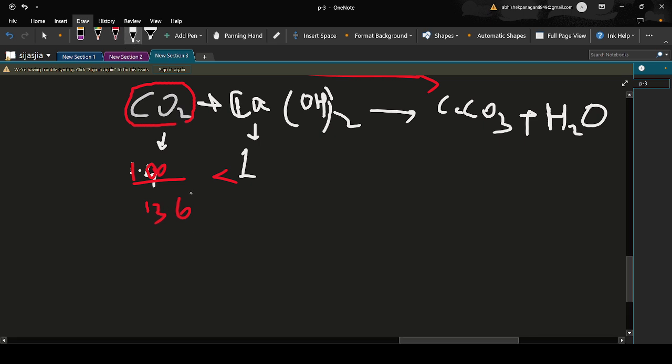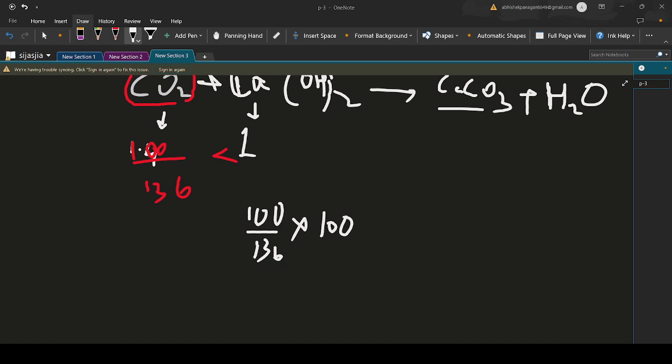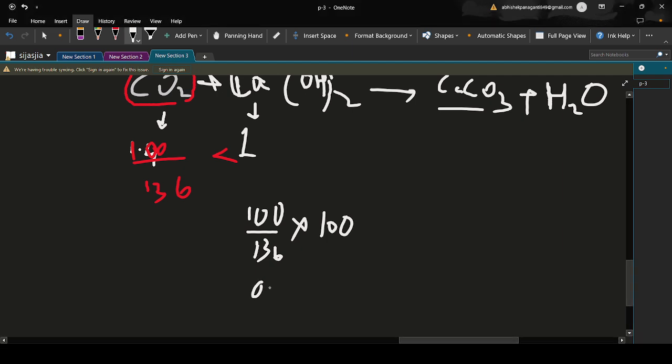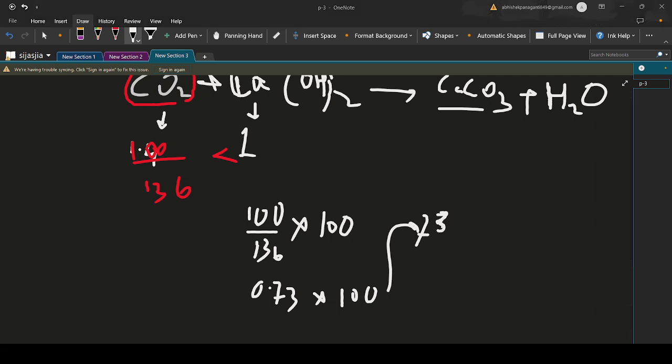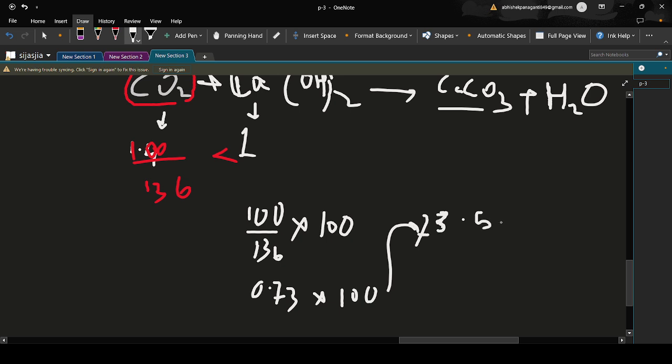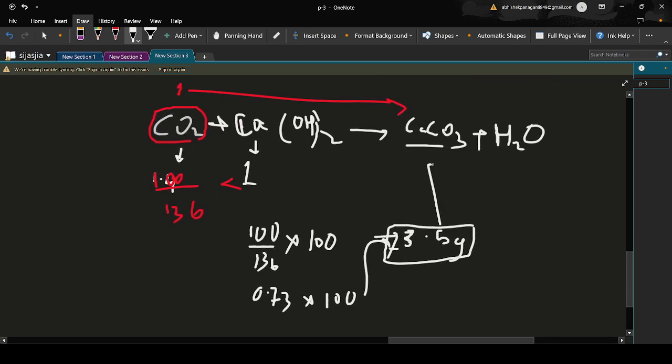One mole is producing 100 grams, so 100 by 136 will give 100 by 136 into 100, which is 0.73 into 100, about 73.5 grams. So that's the yield we get of CaCO3.